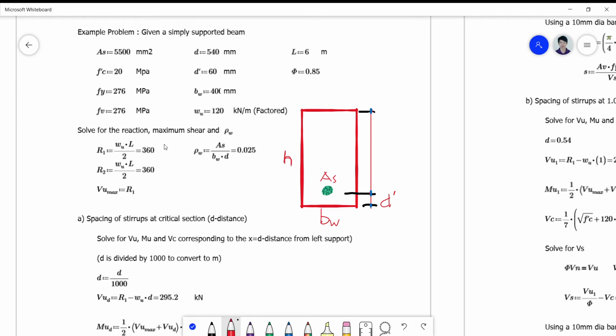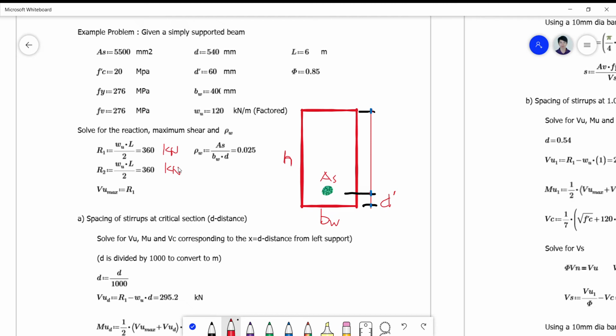These are both in the unit of kilonewton. So for the maximum shear, the reaction will be equivalent to the VU max of your beam, which is equal to 360 also.